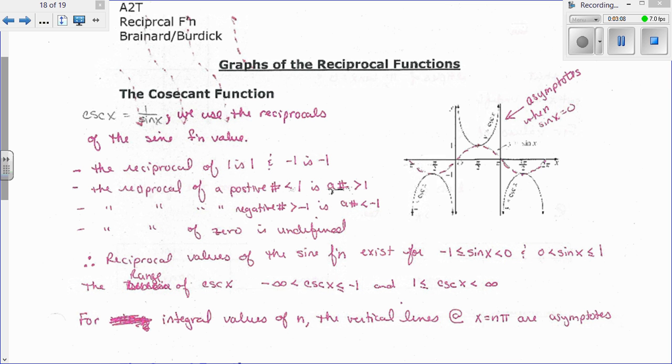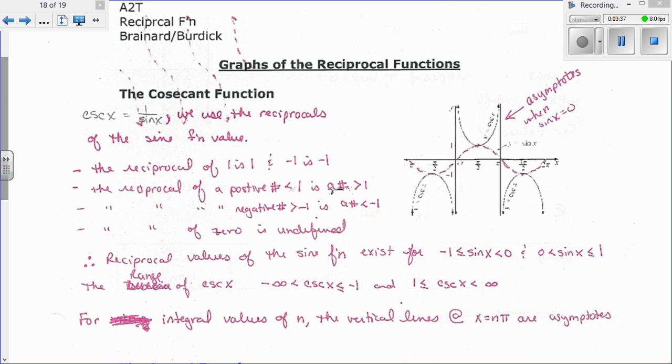The range of the cosecant of x is going to go from -infinity to -1, and 1 to positive infinity. And so for the integral values of n, the vertical lines at x equals n times pi are asymptotes.